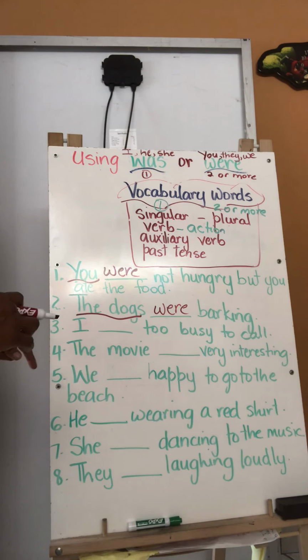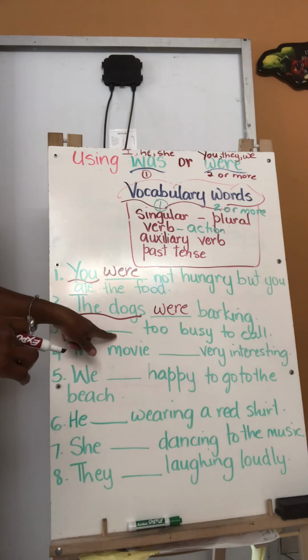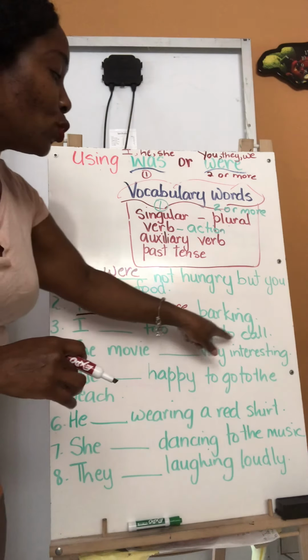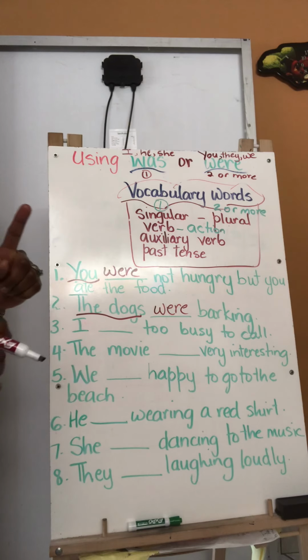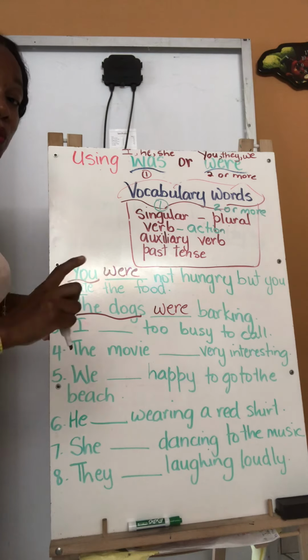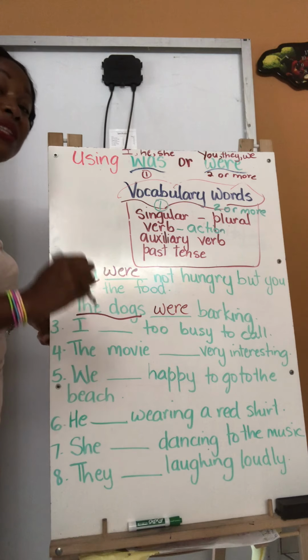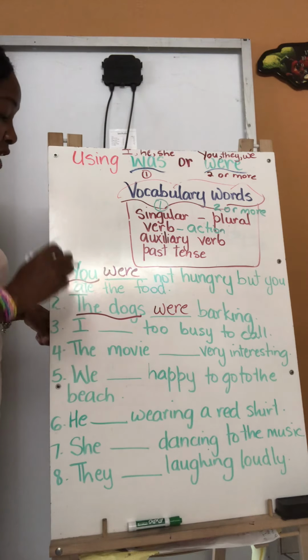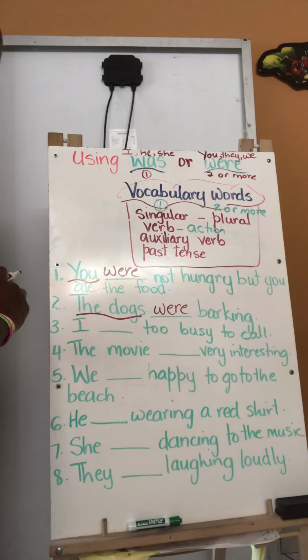Let's go to 3. I blank too busy to call. Remember, last lesson when we used I, we were only using am because that was in the present tense. But now we're talking about the past tense, an action that already happened.